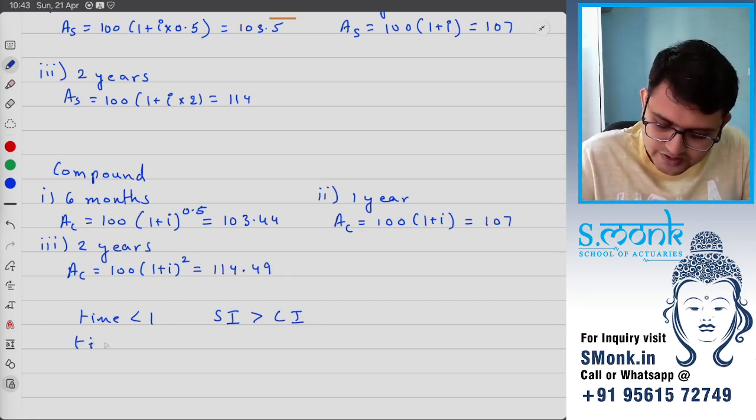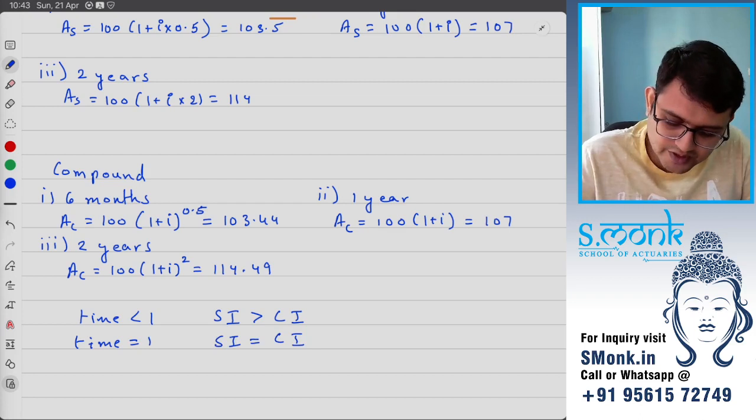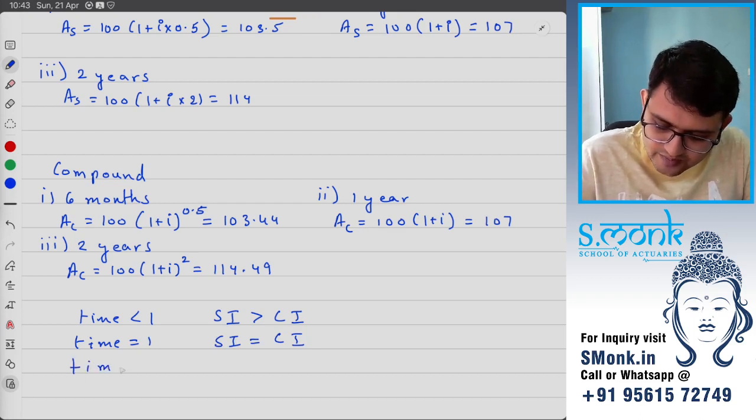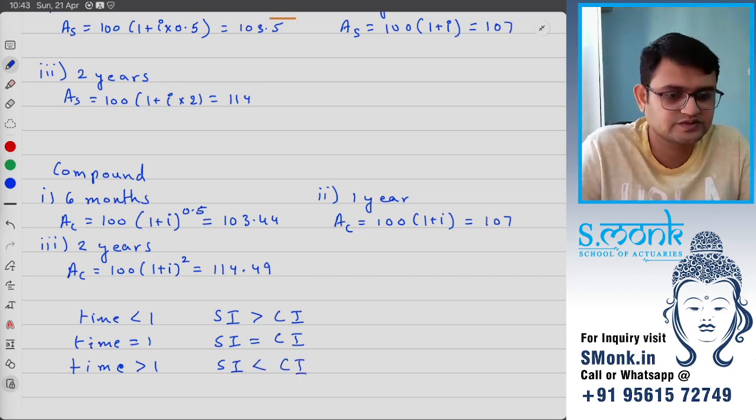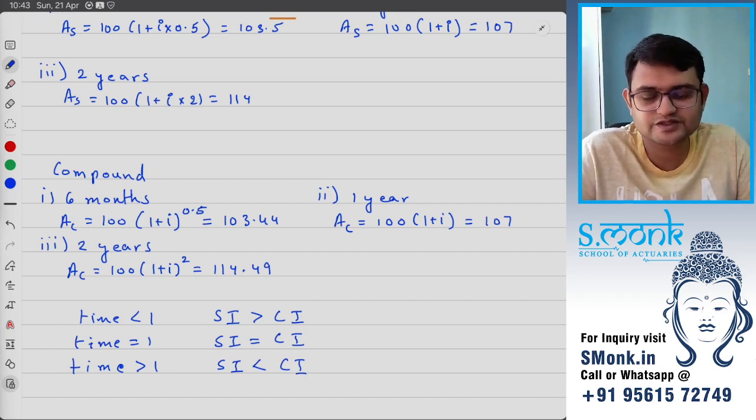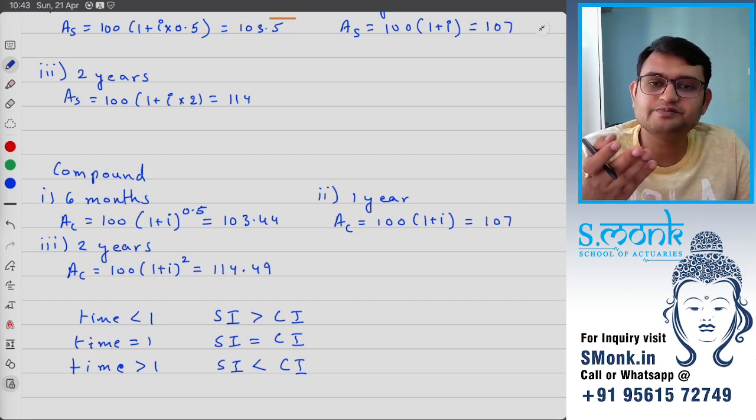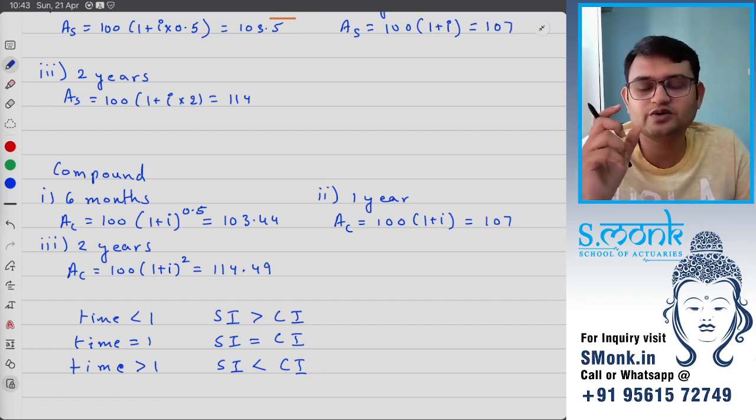If time is 1 year, the simple interest is exactly the same as the compound interest, and if time is greater than 1 year, simple interest is less than compound interest. Very simple.